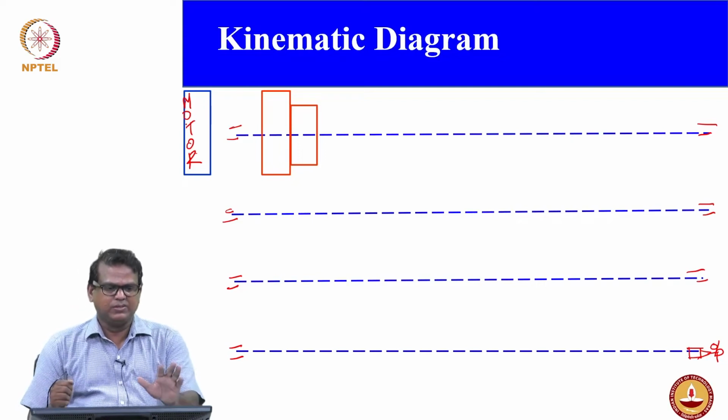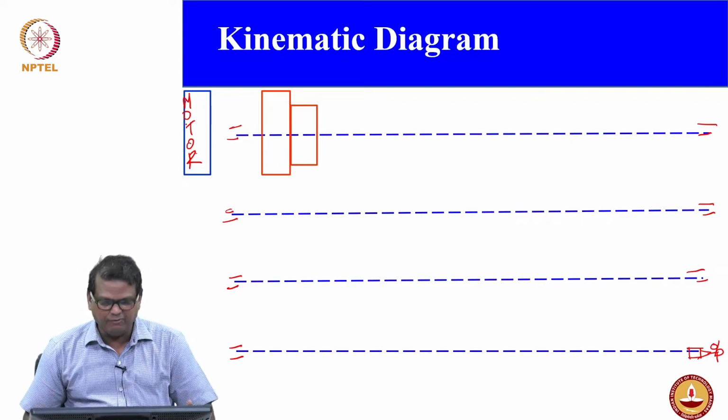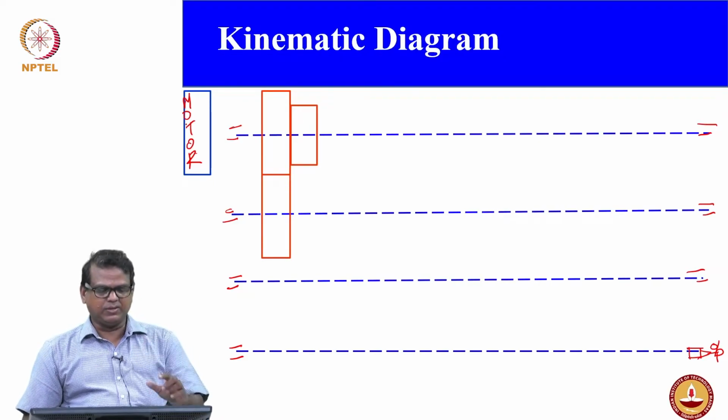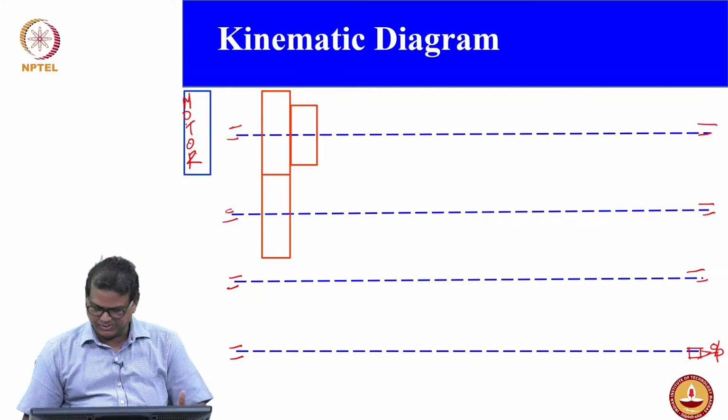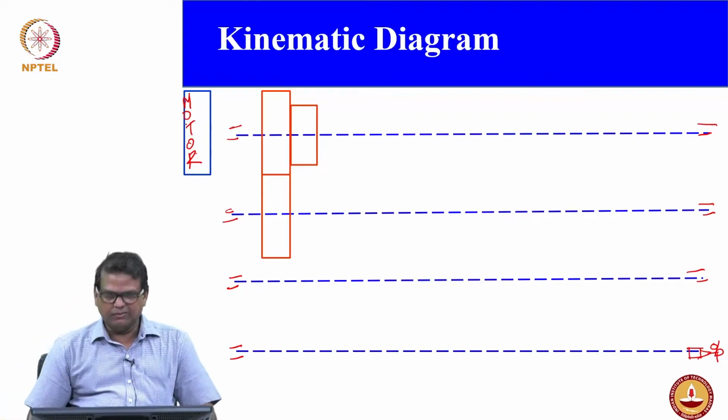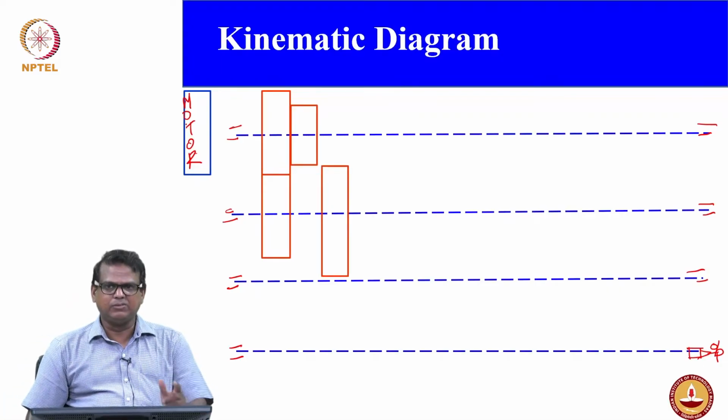So these are coming from this first stage. One is always meshing. The other one, if I want to have another speed, I should slide. When I want to slide, I should move to the other gear.